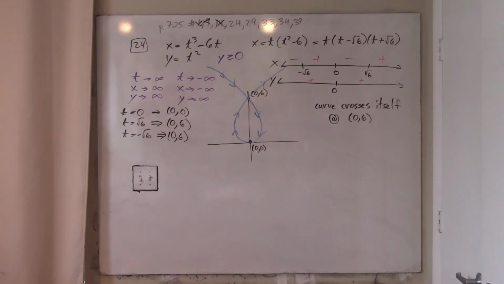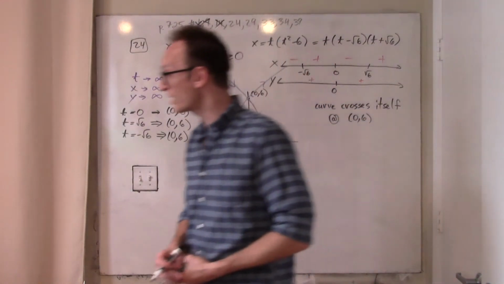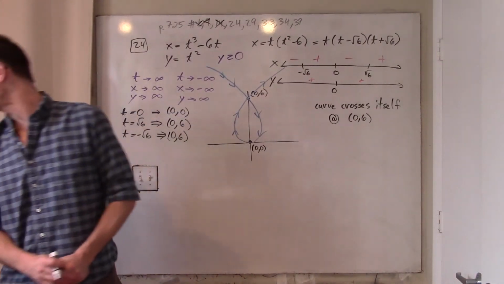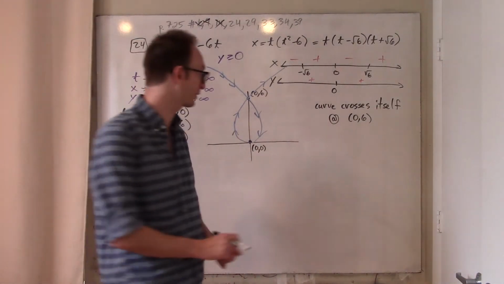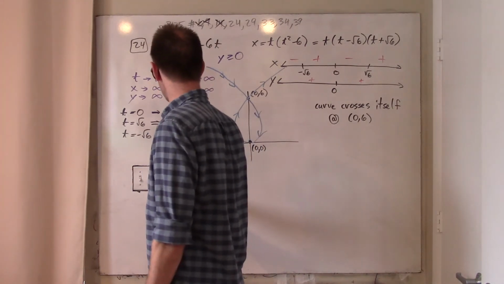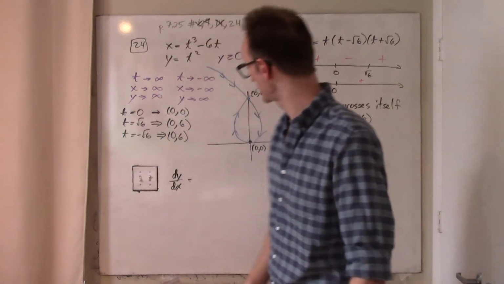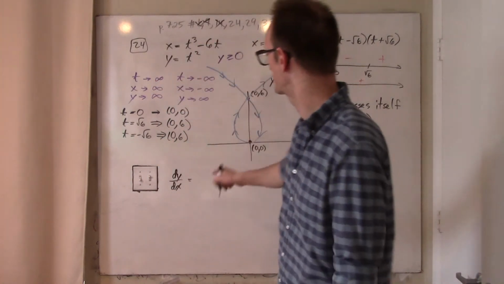Great. Now, what's the actual problem? The actual problem says, what are the equations of the tangent lines at the point where the curve crosses itself? So now we finally are going to do some calculus, because we haven't done any calculus yet. What is dy/dx, which will give me the slope of the tangent lines of the curve? Well, I just do it, right?